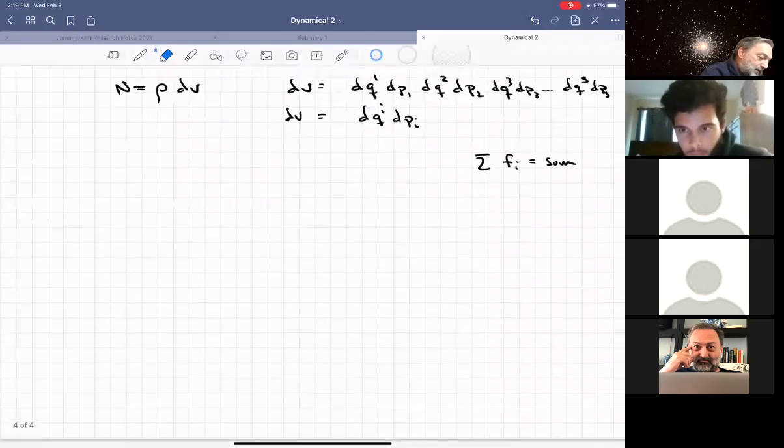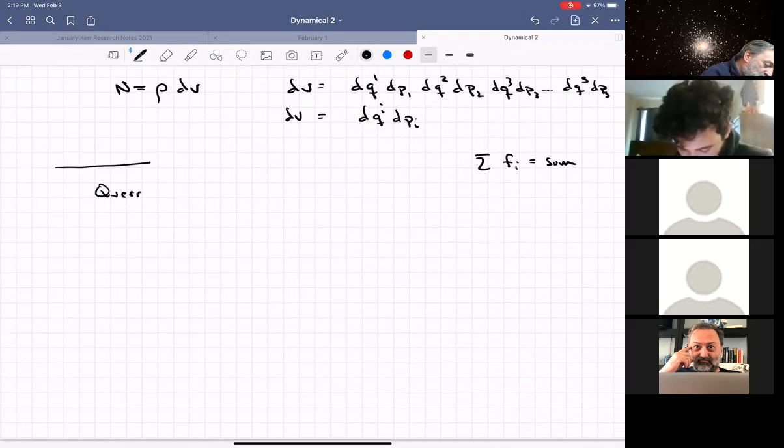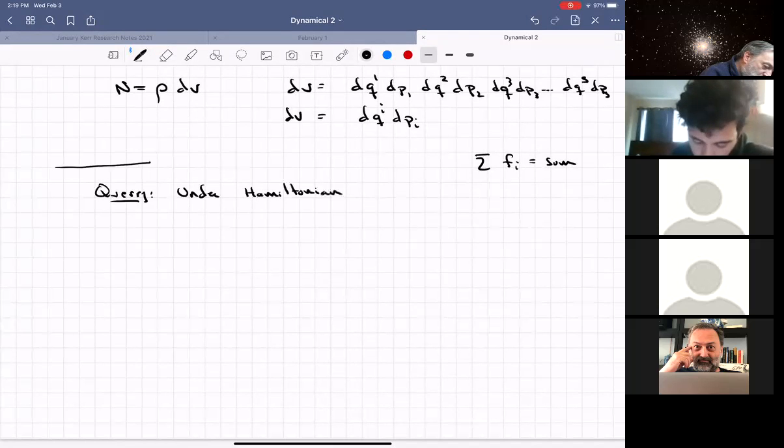And now the question that I'm going to ask is, under Hamiltonian dynamics, does this density change in time?